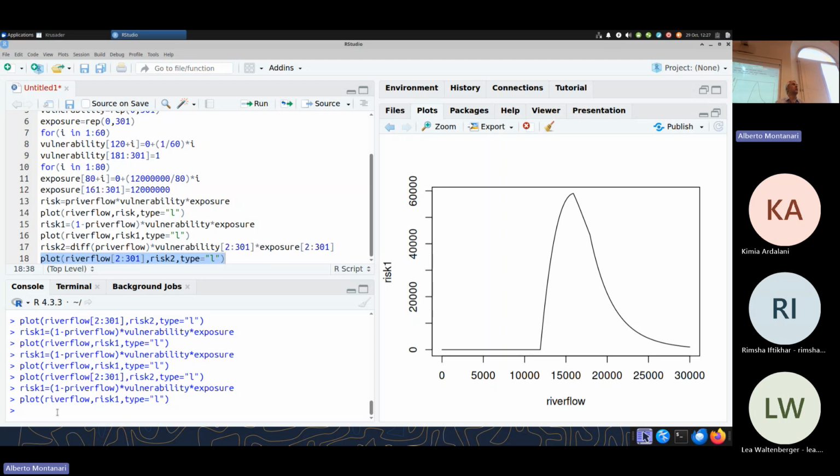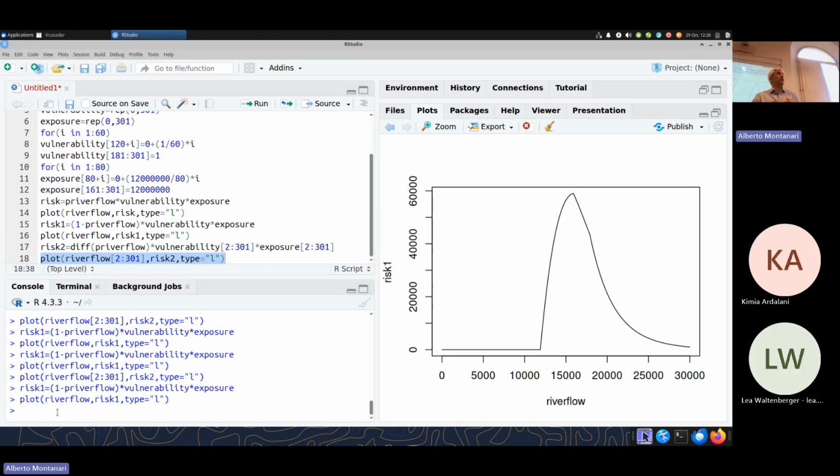of the customer or the purpose of my computation, but usually we refer to the value in this case, because I bring vulnerability to 0 up to a river flow of 15,000.